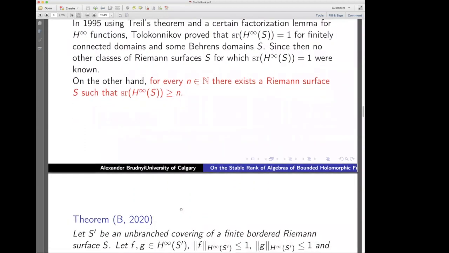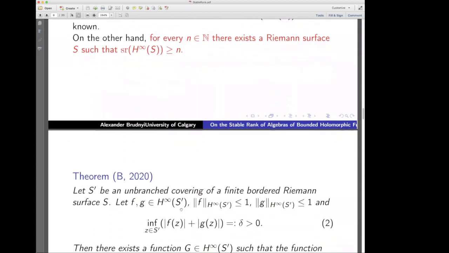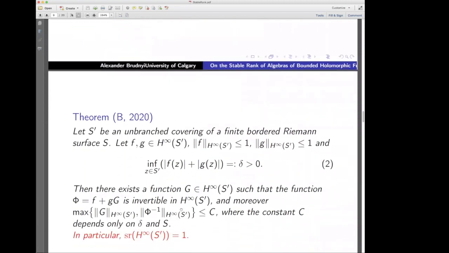Okay, so here is just my result, which is very similar to the result of Treil. It covers a larger class of Riemann surfaces, but I cannot give a unified definition of this class, and therefore I just choose some subclass, also a very important subclass of Riemann surfaces, for which the stable rank is 1 for H infinity.